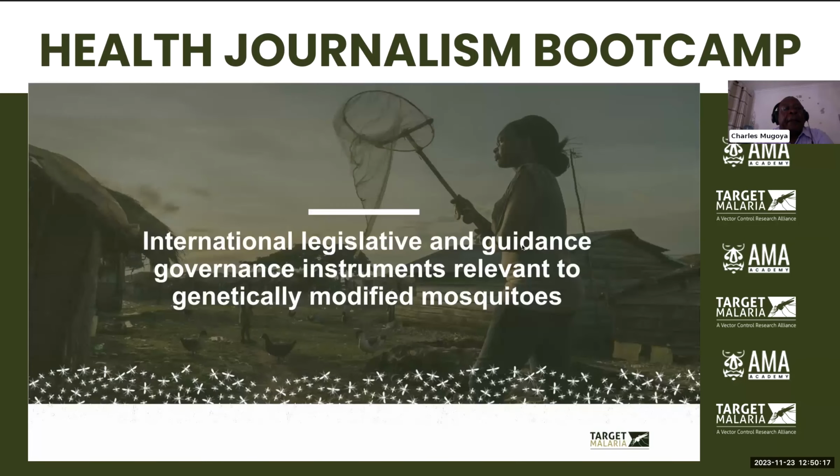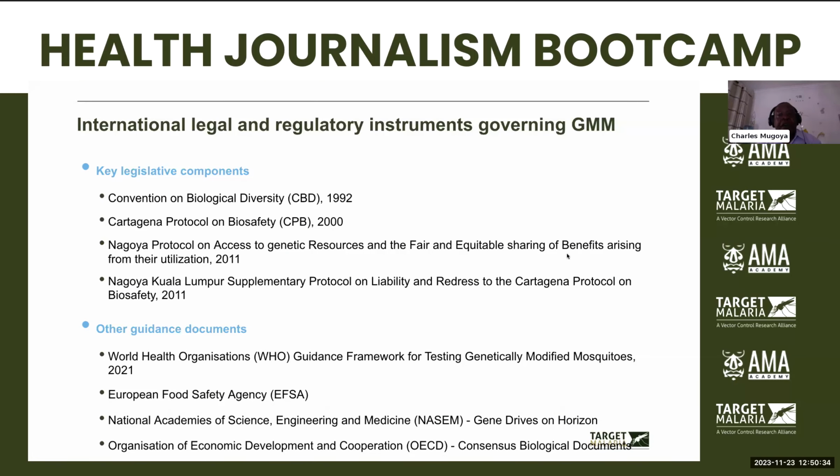I alluded to the international guidance documents, and in the next 5 minutes or so, I just wanted to go through some of these international guidance documents and relate them to how they are helping us. So we have the CBD at the international level. The CBD is the Convention on Biological Diversity, and then we have the Cartagena Protocol on Biosafety.